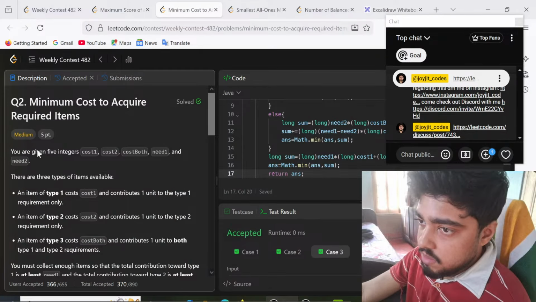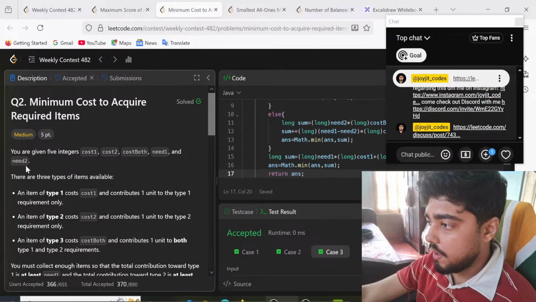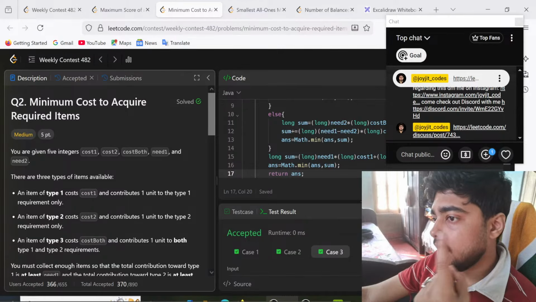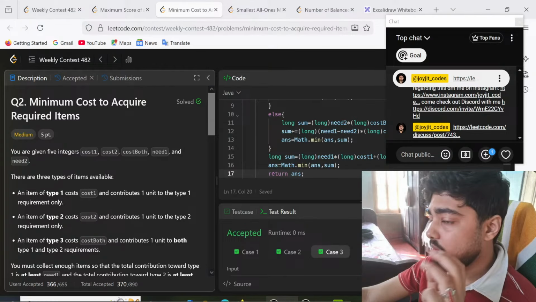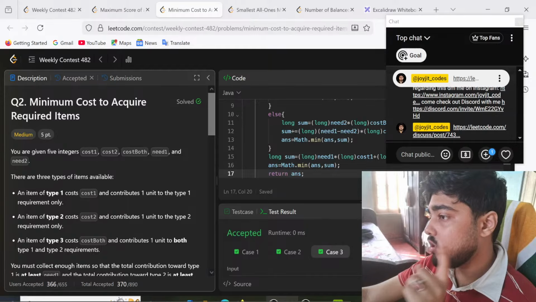So in this problem you're given 5 integers: cost 1, cost 2, cost both, need 1 and need 2. An item of type 1 costs cost 1 and contributes 1 unit to type 1. An item of type 2 costs cost 2 and contributes 1 unit to type 2. An item of type 3 costs cost both and contributes 1 unit to both of them.